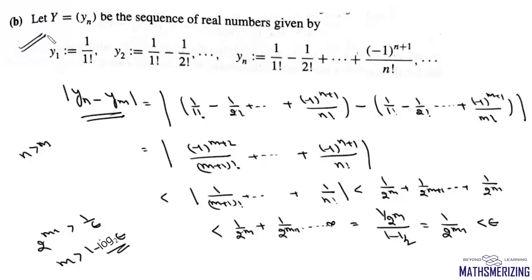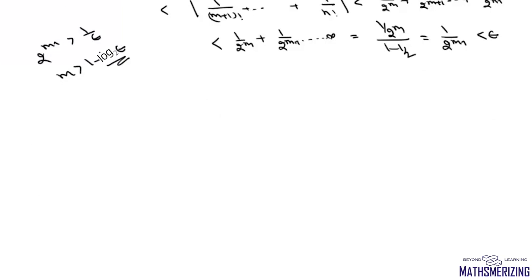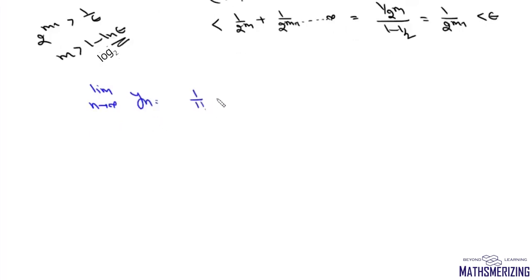Now we have to find the limit of the sequence. We can write limit n tends to infinity of yn will be simply 1 upon factorial 1 minus 1 upon factorial 2 plus 1 upon factorial 3. It will continue up to infinity.